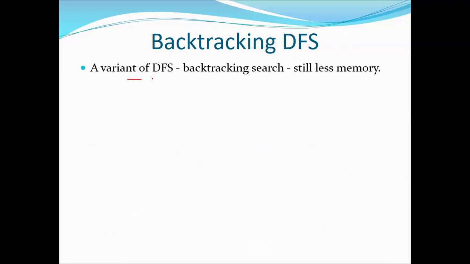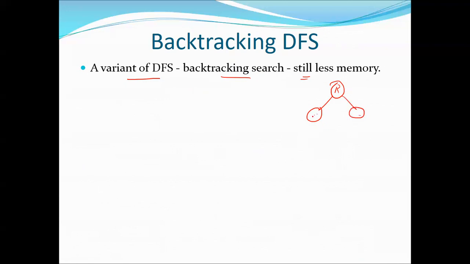So there is another variant of DFS, which is called backtracking DFS search. It uses still less memory. What this backtracking DFS does, in normal DFS, first it checks whether the root node is the goal state or not. If the root node is not the goal state, then it expands the root node. It creates all its children.